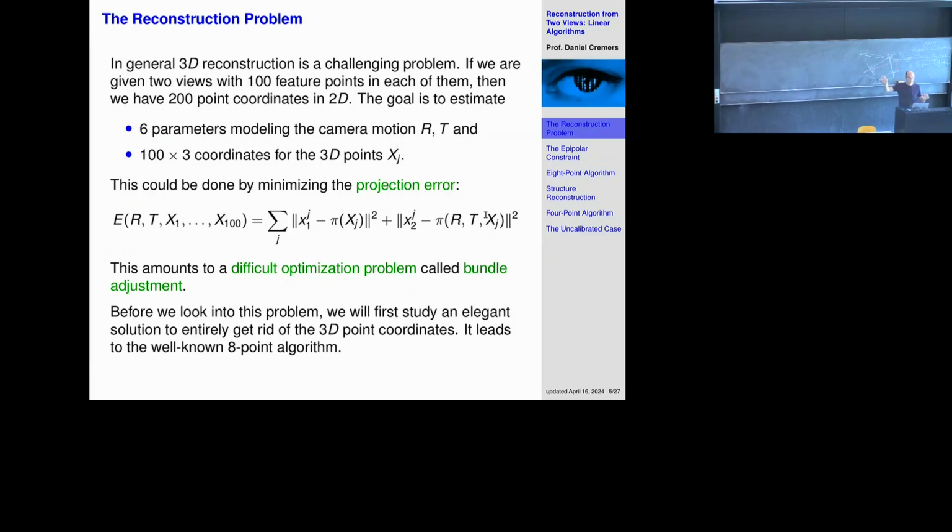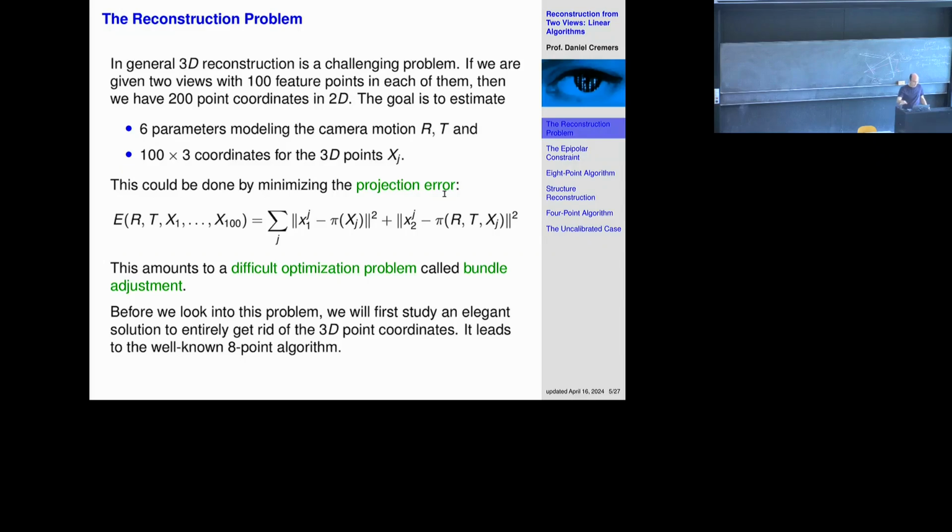And for every additional image you would have an additional term in this sum. And then you sum over all the points, and this is your projection error. Sometimes it's called projection error, sometimes reprojection error. This depends on what perspective you take.